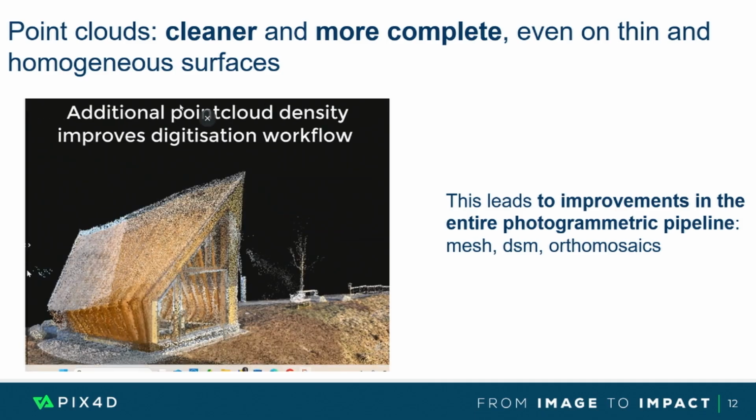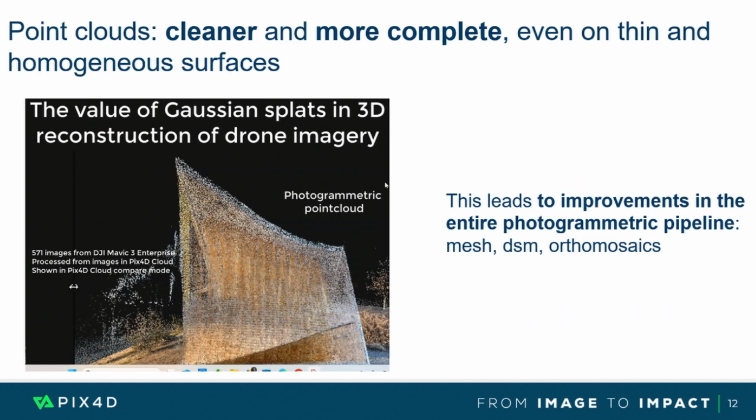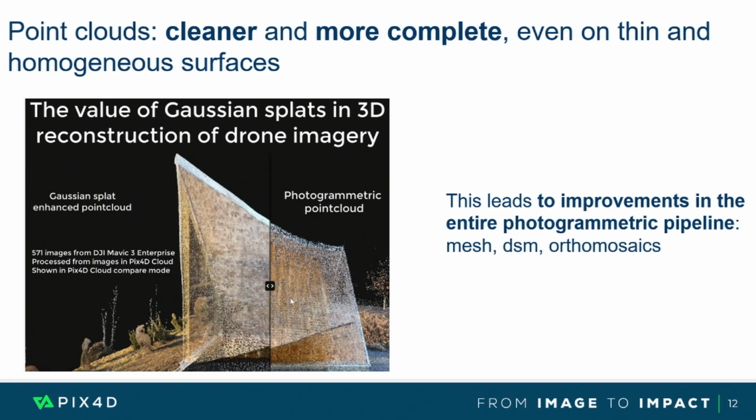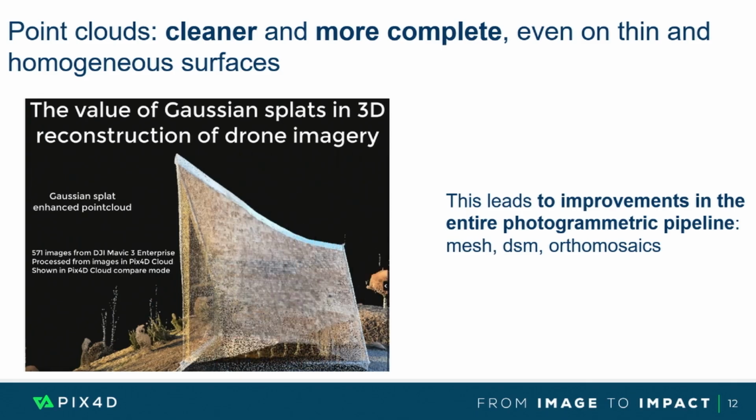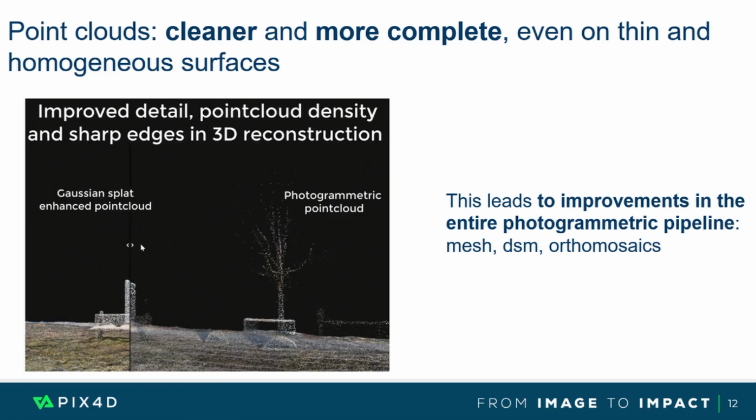Thanks to Robert Greenhall, who made this visualization, we've seen that even difficult geometries are handled. Maybe I'll play it again if I manage. Here we go. So that was the previous point cloud, and now you see it's much denser, much cleaner on the edges, and even small details are well reconstructed. That was a drone capture, and that maybe is a phone one.